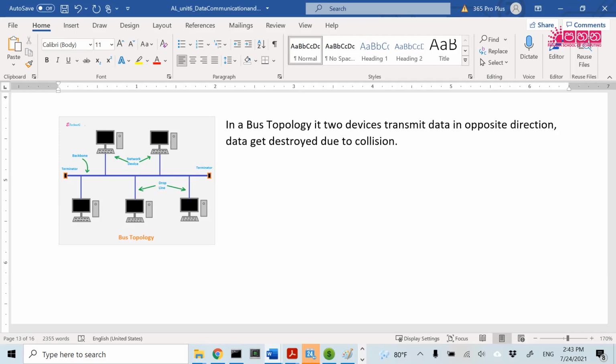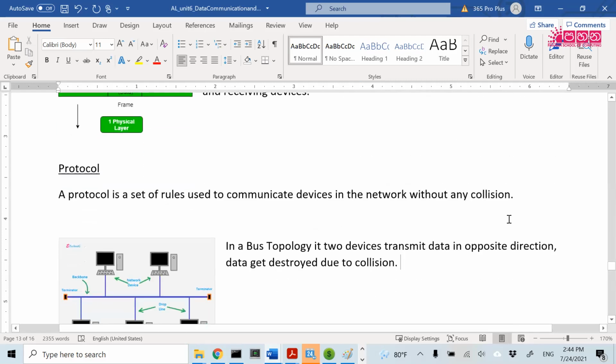Now for that, what do you need? You need a protocol. Protocol means we need some way to communicate between devices without any collision.